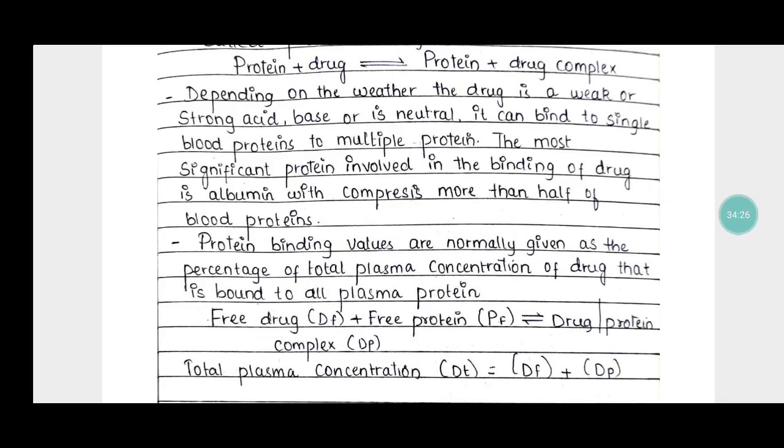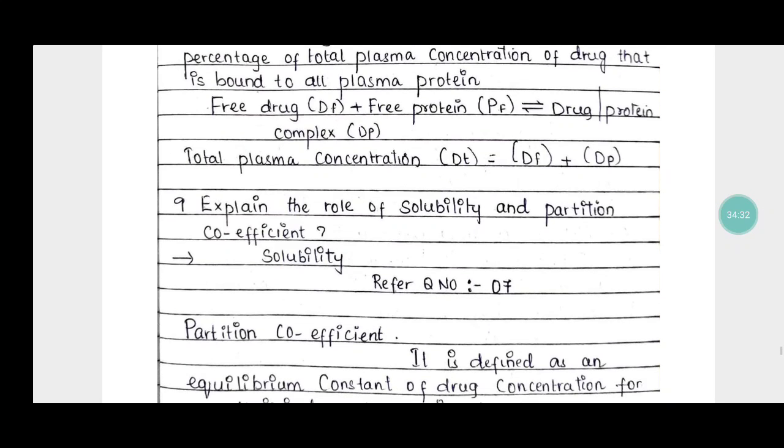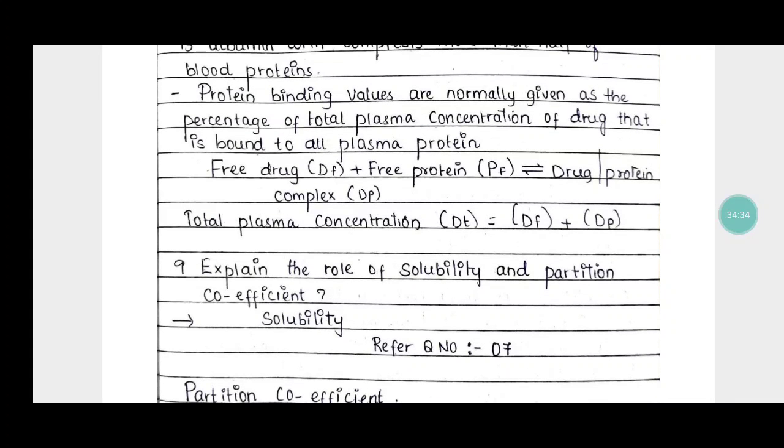The percentage of total plasma concentration of drug bound to protein is: DT equals DF, that is free drug, plus DP, meaning the drug-protein complex.